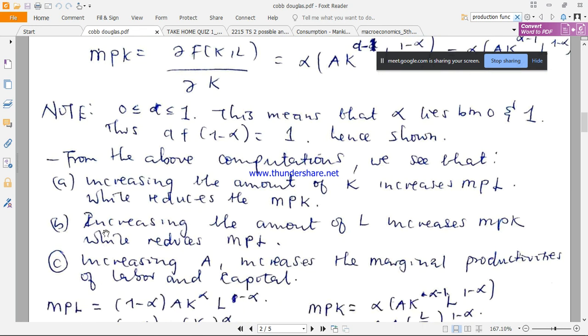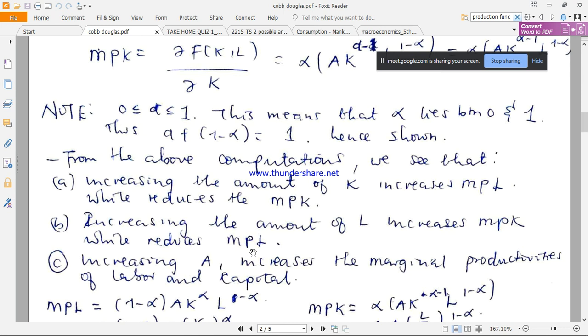Then the second one says, if we increase the amount of labor, we are going to increase the marginal product of capital, while reducing the marginal product of labor. So what you are seeing here is that if you increase labor, there will be a negative relationship between the increase in labor and its effect on the marginal product of labor.